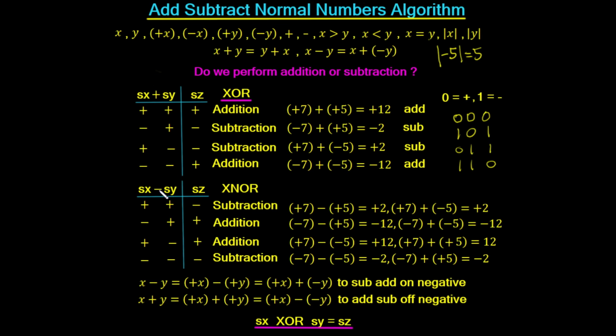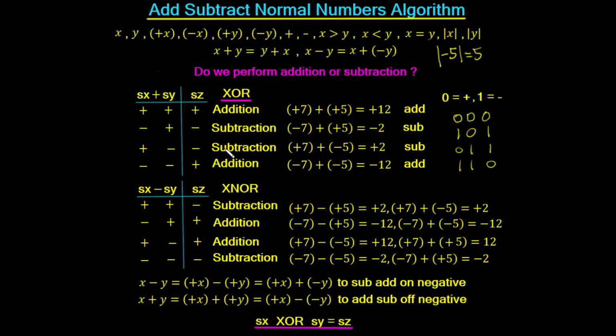Now this table here is an exclusive NOR. So this is going to give us a way or a method of working out whether we have to add or subtract the numbers, depending on the sign of the x value and the sign of the y value, and whether we're actually adding or subtracting. But we don't need to use both of these, we can actually use just one of them.